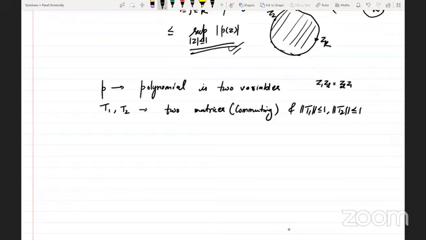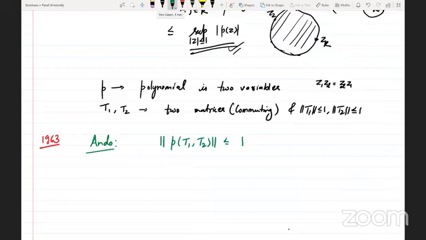And you ask the same question, and let me just directly write down the answer. That is 1963, by Ando, a Japanese mathematician. He proved much more than this, but we will not go into that. Now you should ask what is this?